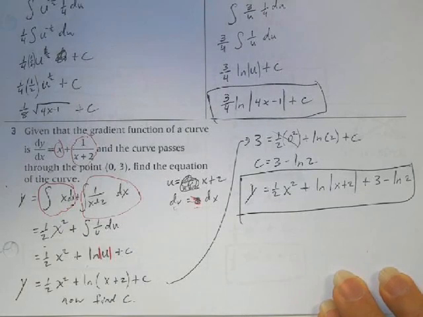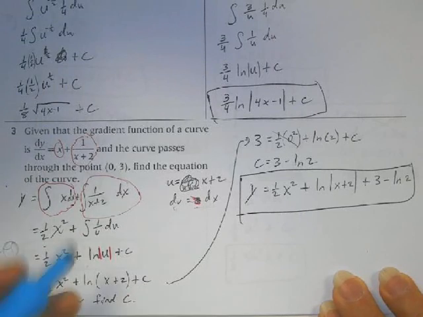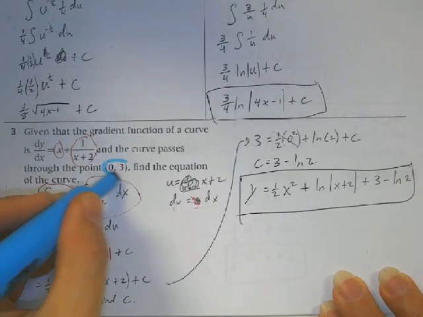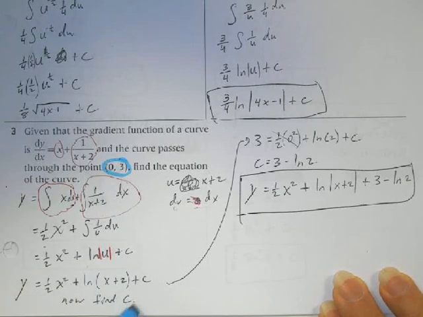Okay, and then I replace the u back with x plus 2, and now we need to find out what c is. So just like in the example on the previous page, we're going to make x equal to 0 and y is equal to 3.